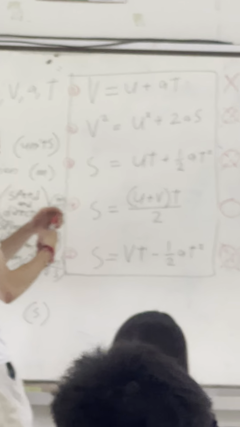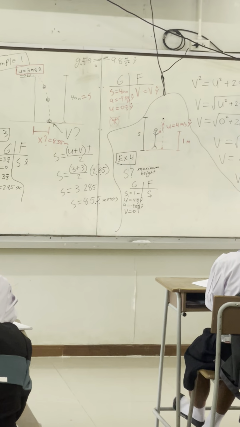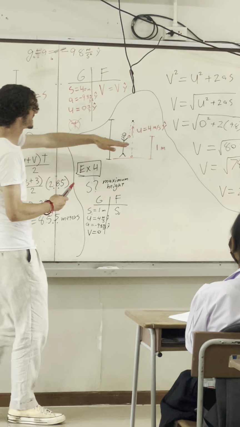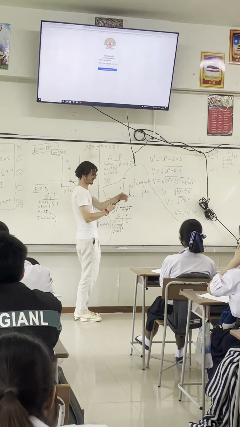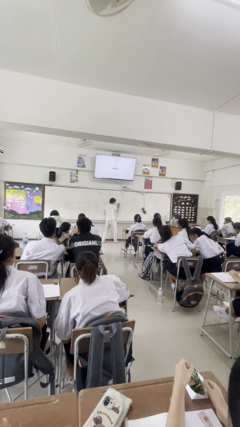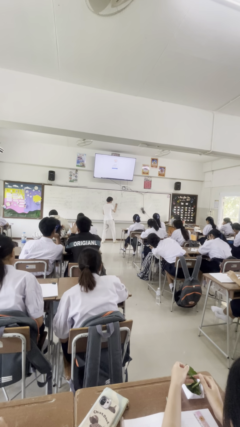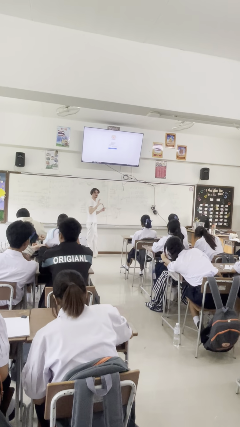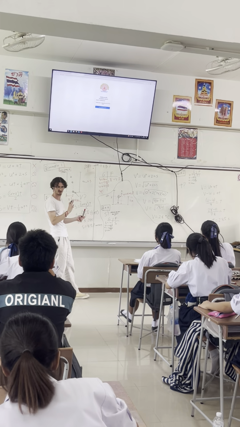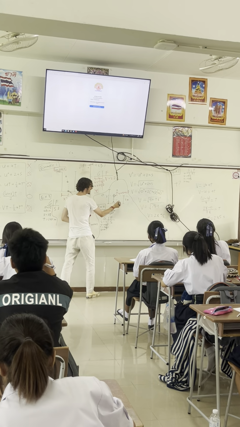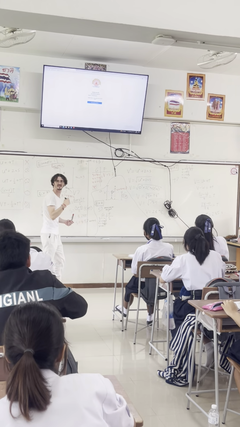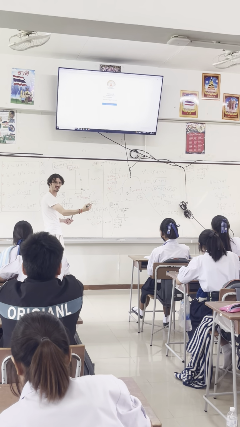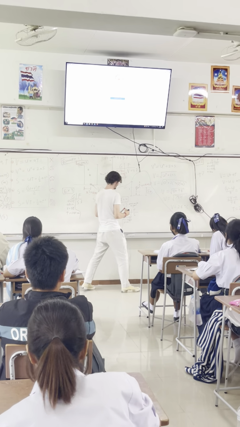So we can pretend that this is 0. Just pretend that's 0, and we'll add the 1 at the end. We'll add the 1. Okay?